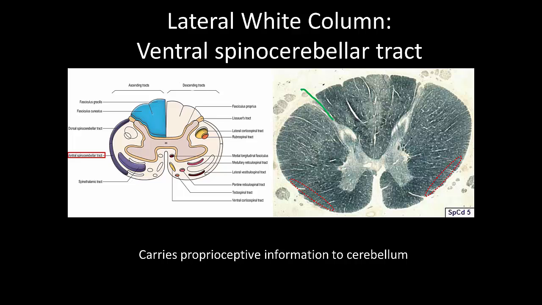Once again, they're going to synapse on Clark's nucleus and potentially some smaller nuclei located in that region. From there, these second order neurons are going to decussate to this region and ascend as the ventral spinocerebellar tract all the way up to the level of the cerebellum.